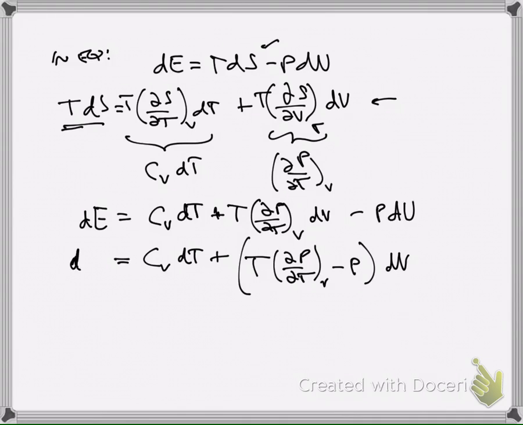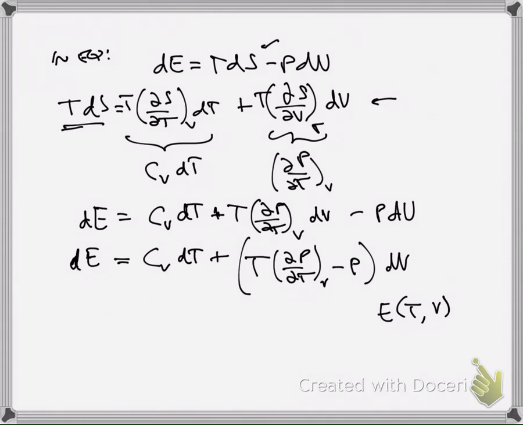All right, so that's all true and completely general. And what in principle we could do here is integrate this up. If we did that, we could find E as a function of T and V and N, set the energies equal, solve, and we'd be all set.